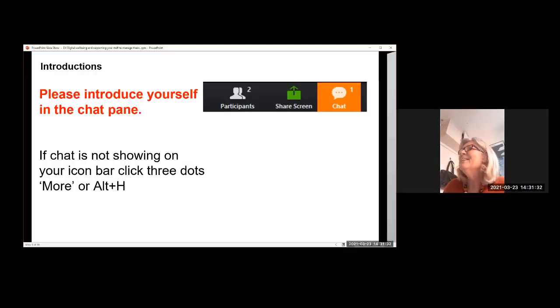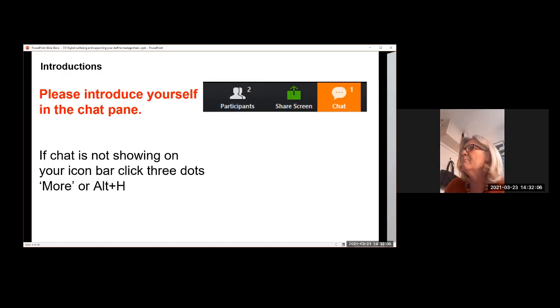Okay, all right. So just a bit of housekeeping before we make a start. If you are unfamiliar with Zoom, you'll find the chat pane by moving your mouse to the bottom of the Zoom screen, and you'll see an icon labelled chat. If you're on an iPad or similar, it may be at the top of your screen, but if you select it, you will either see a panel floating on your screen, or if you're not in full screen, it'll appear as a column on the right-hand side.